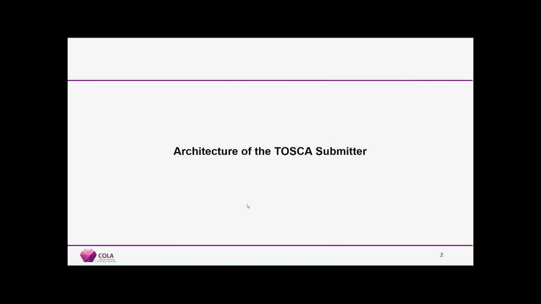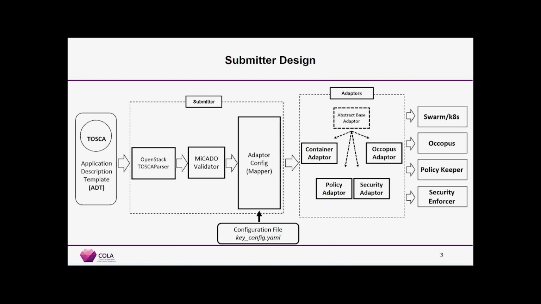Come on. I'm not going to talk any length of time about the TOSCA submitter, but I think it's important just so you realize why we write in TOSCA and where the TOSCA actually goes. So this might look scary, but all you need to know is that on the left, there's someone writing a TOSCA ADT, and it's going to pass through one component, which kind of has 2 different parts to it.